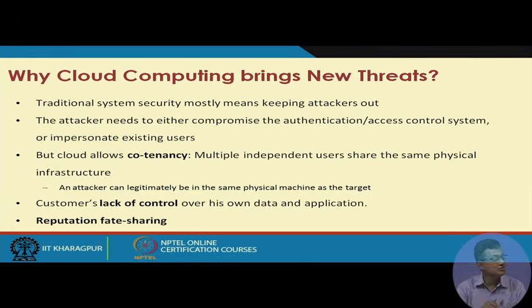The attacker needs to either compromise the authentication or access control system, or impersonate an existing user. Whereas in case of cloud, the consumer or user voluntarily keeps their data, services, etc., at the provider's place. That means co-tenancy is there by nature.